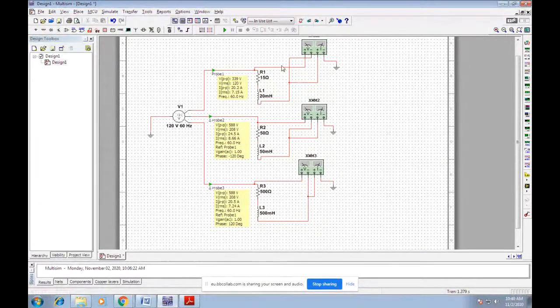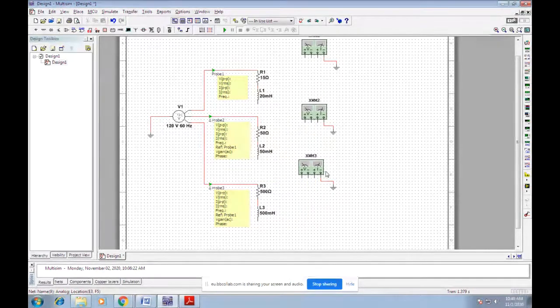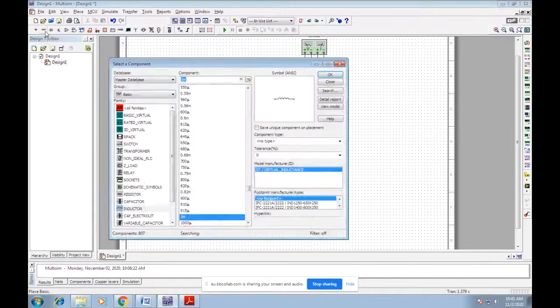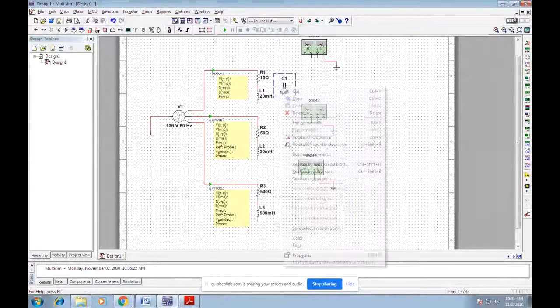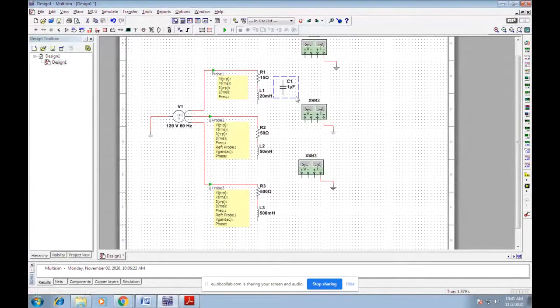So again, I will delete all this. Now we will add a capacitor in parallel. From the place basic menu, add a capacitor, initially selecting any value. We can right click and rotate it.